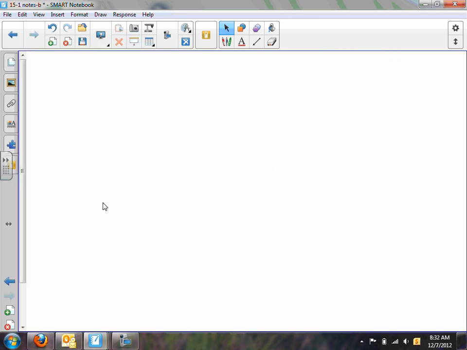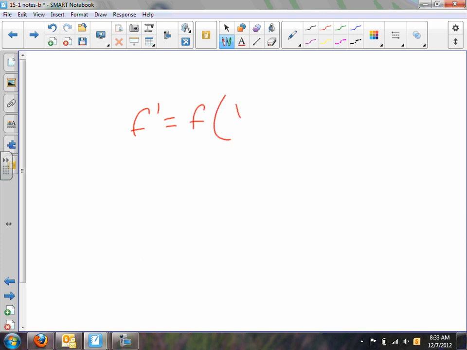Here's my equation. Apparent frequency is the frequency times V plus V sub D over V minus V sub S. And let's pretend I've got an object, maybe a car, moving at 35 meters per second.